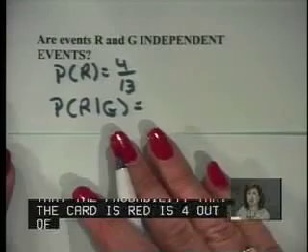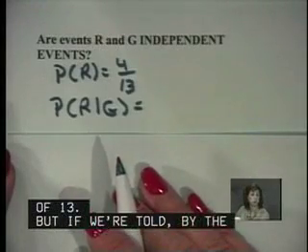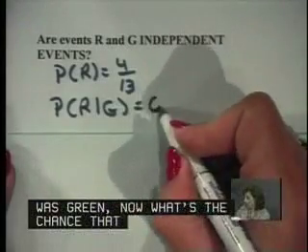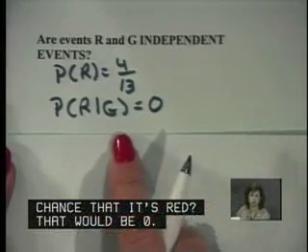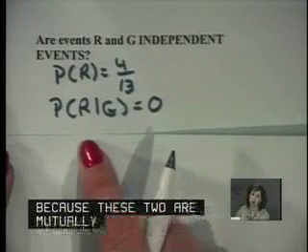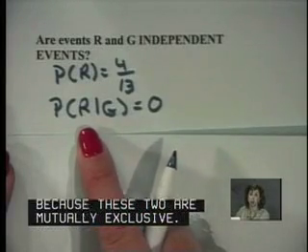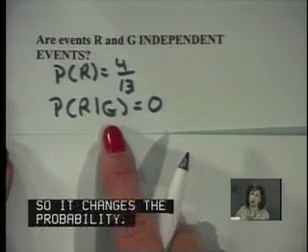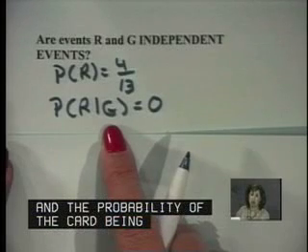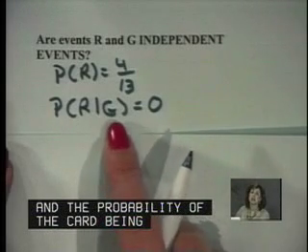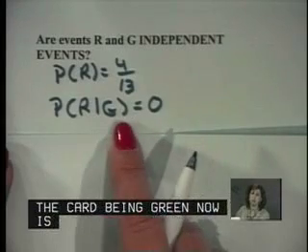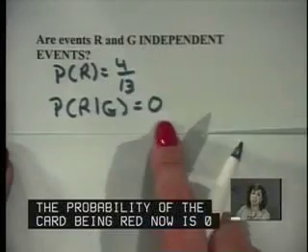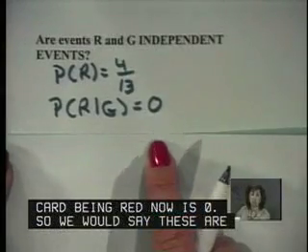But if we're told, by the way, the card I picked was green, now what's the chance that it's red? That would be 0, because these two are mutually exclusive. Knowing that the card was green excludes the probability that it's red. So it changes the probability, and the probability of the card being red now is 0, and so we would say these are dependent events. They are not independent events.